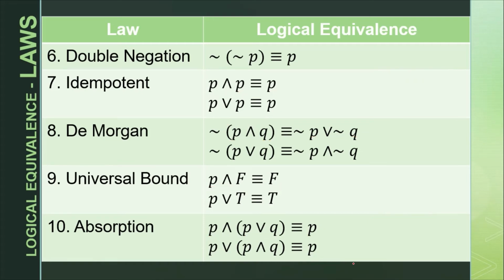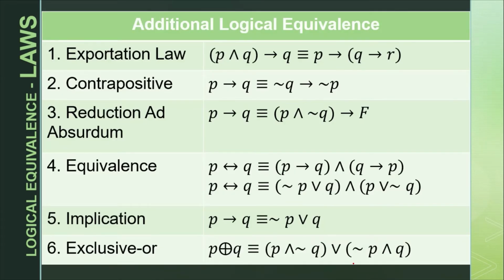We also have the third set of laws, exportation law. So this statement here is just equivalent to here, contrapositive. We have proven this one earlier, that the contrapositive is logically equivalent to the implication.